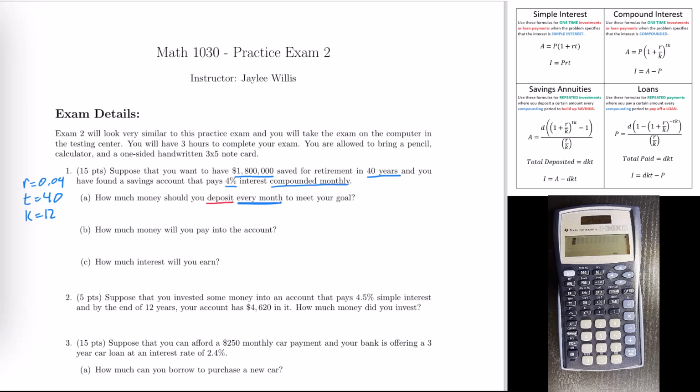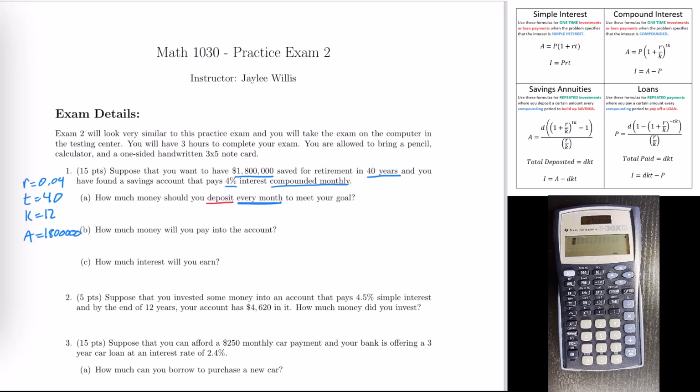The other piece of information I was given was the 1.8 million, and that's the amount that I want to have saved for retirement at the end of the 40 years. And so that means that that's going to represent the variable A, because not 40 years, 1.8 million. A is the amount that you have at the end of whatever situation you're looking at.